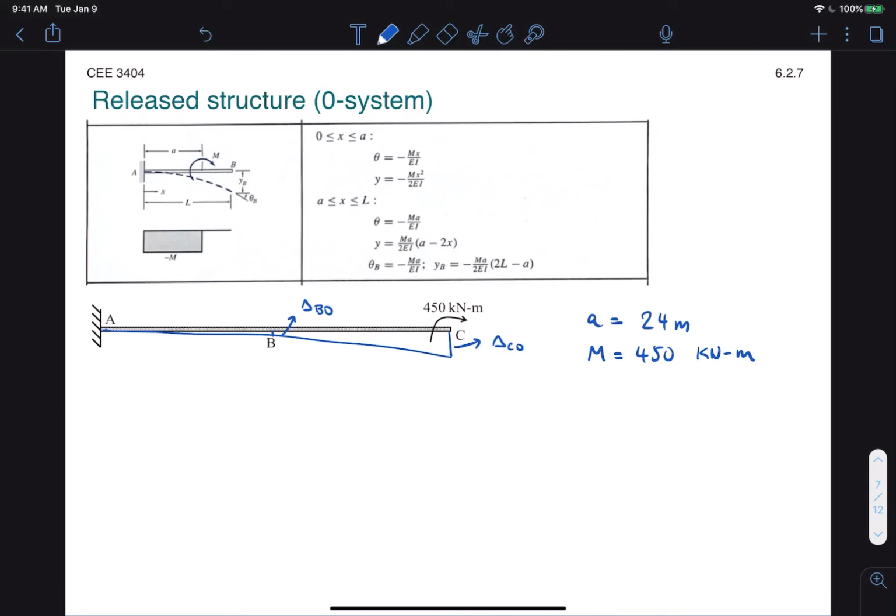Rotations match, so we don't need to make that negative. So for delta B0, we'll need to use this equation for x equal to 12. All right, so we get negative Mx squared over 2EI.